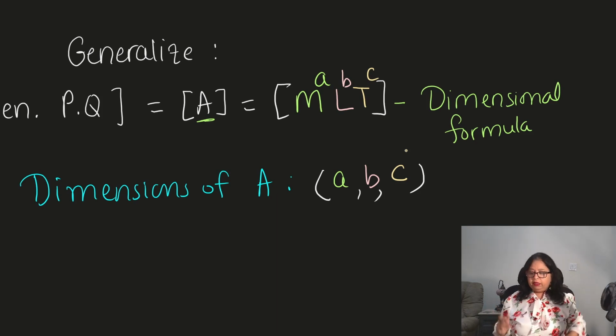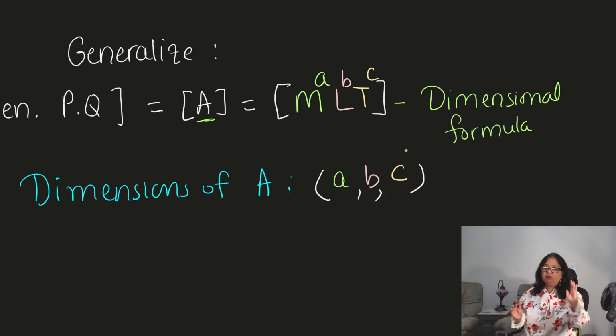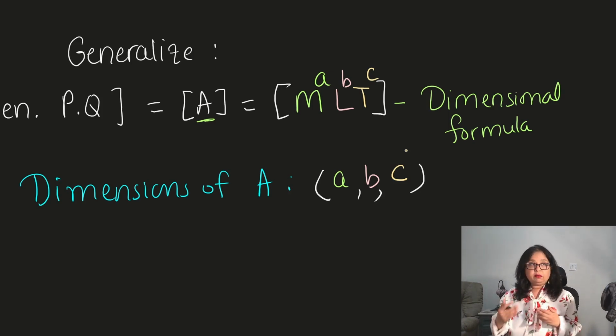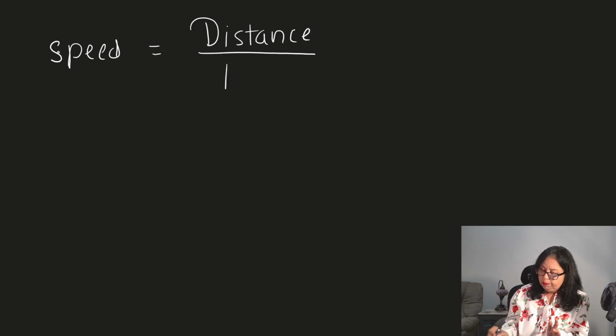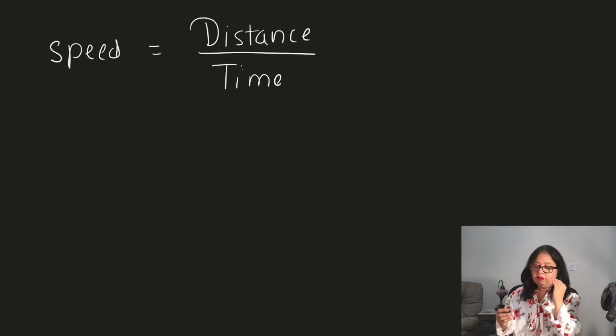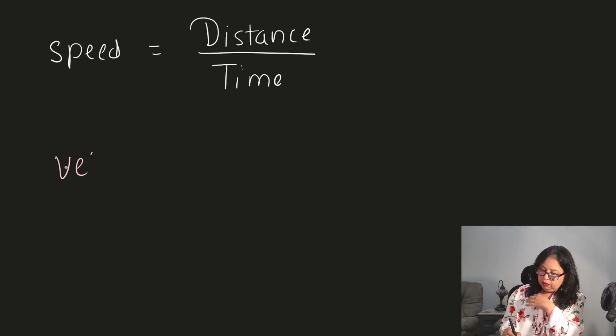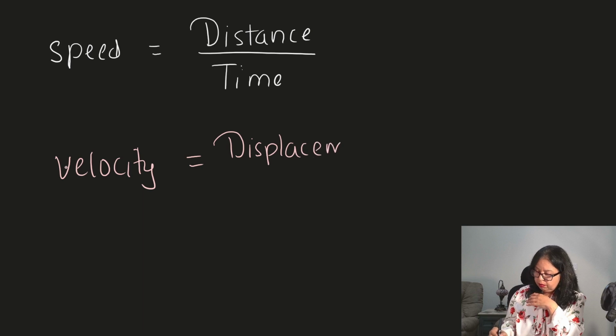So let's now apply what we have just learned to some actual physical quantities. Let's talk about speed. Everybody's familiar with speed, right? Speed is distance divided by time. Or even if we were talking about velocity, what is velocity? Velocity is displacement divided by time.